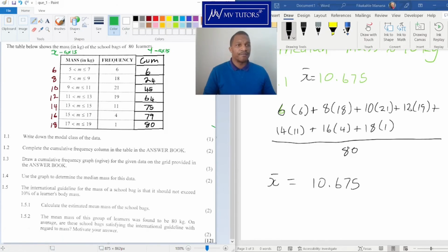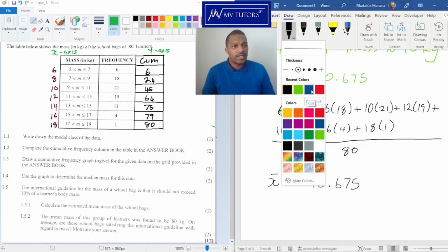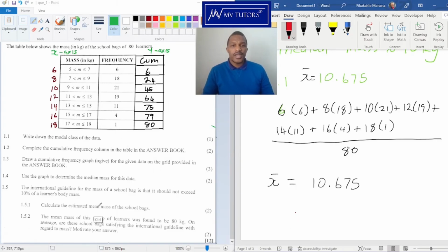Motivate your answer. Okay, so let's understand what the question is saying first. They are saying the mean of the group.